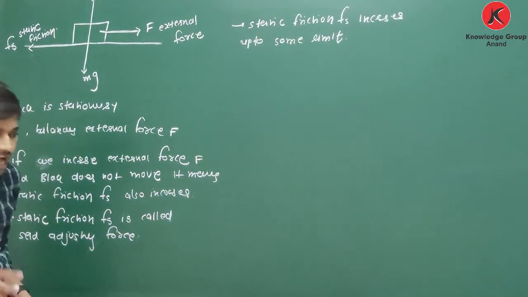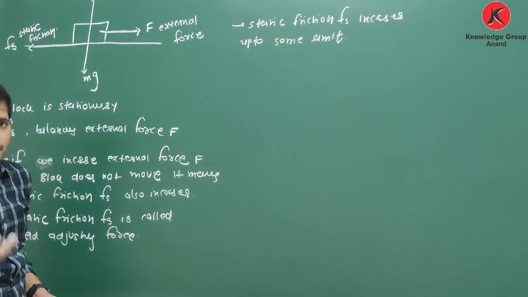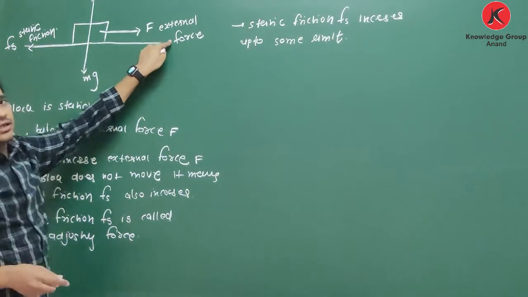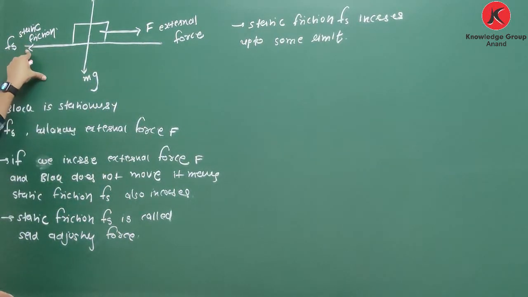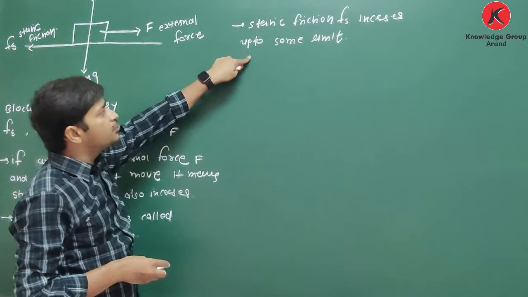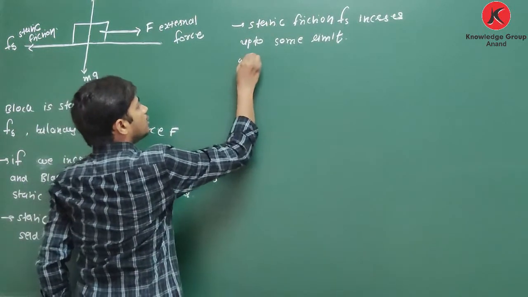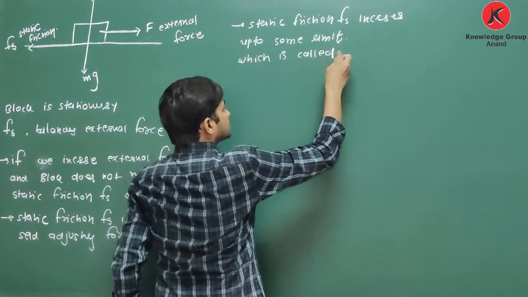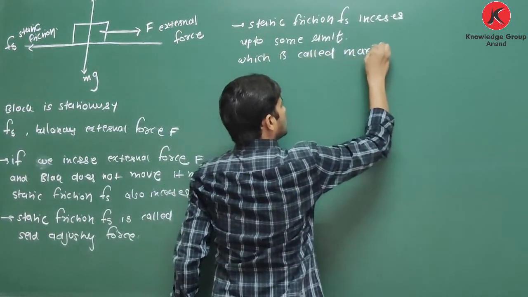If I am applying an external force greater than some particular value of static friction, then the object will come in motion, and that particular value of static friction is called maximum static friction. So here static friction Fs increases up to some limit, which is called maximum static friction.